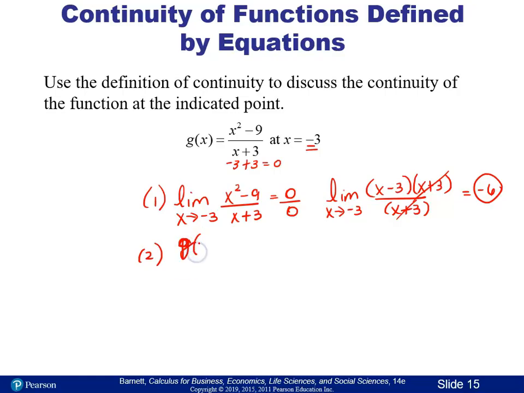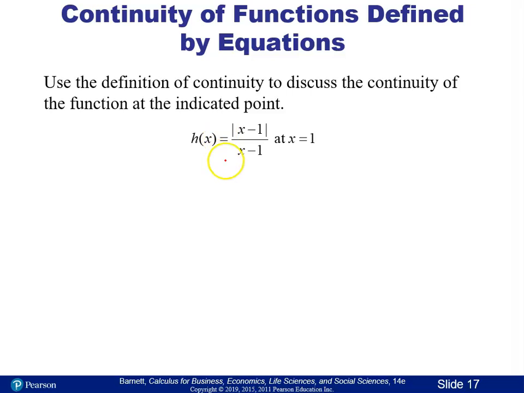So g of -3, if I try to plug -3 into that equation, that's going to give me, as I've already done, 0 over 0. So this is an undefined point here. And so that is ultimately the reason: g of -3 is not defined.